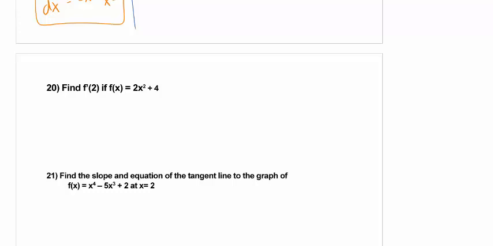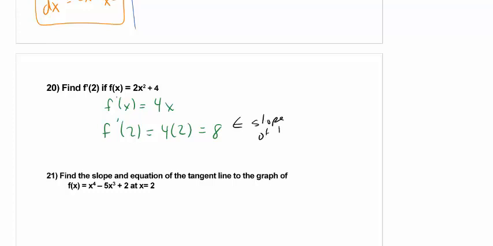So here, first thing I got to do is find the derivative, which is 4x, because the plus 4 will be a constant. And now I plug in. Remember what that is. That is actually also my slope of my tangent at x equals 2, because that's what a derivative actually is.